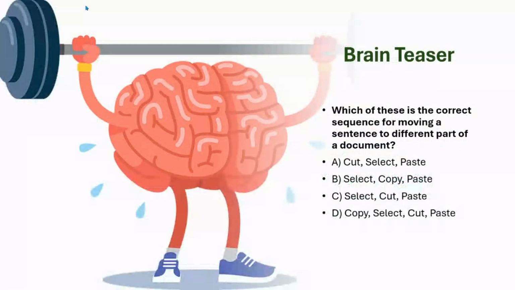Which one of these is the correct sequence for moving a sentence to different parts of a document? So you have two questions for homework. You have the brain teaser, so I want to know if the answer is A, B, C, D. And I also want to know what happens if you copy a text but don't paste it.